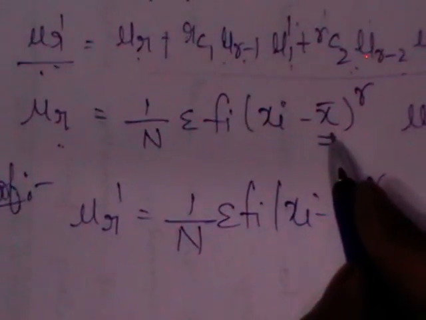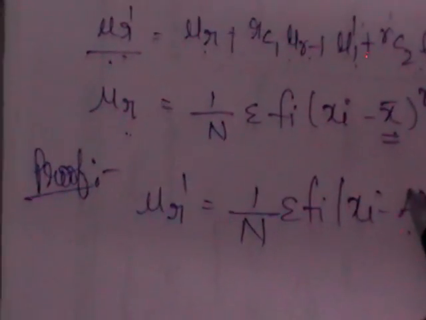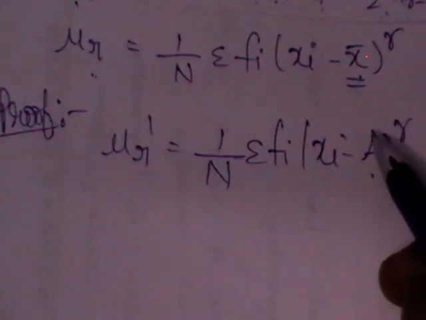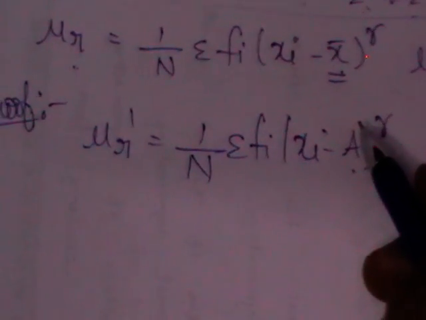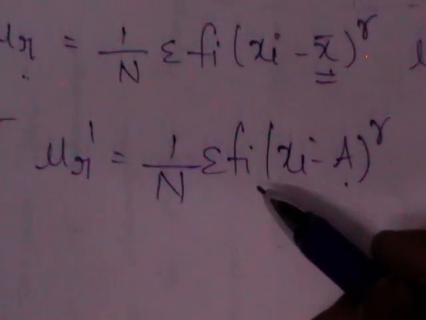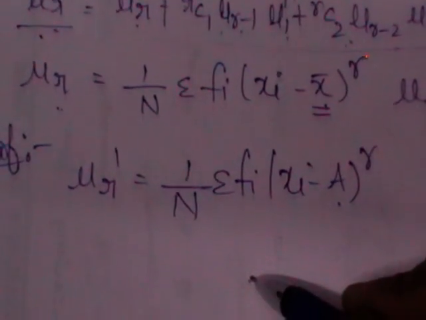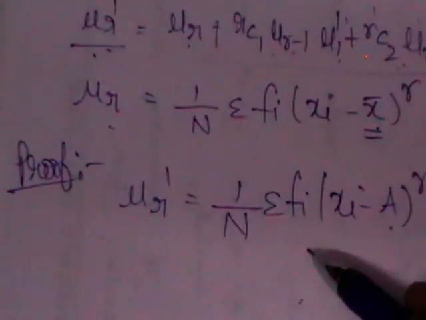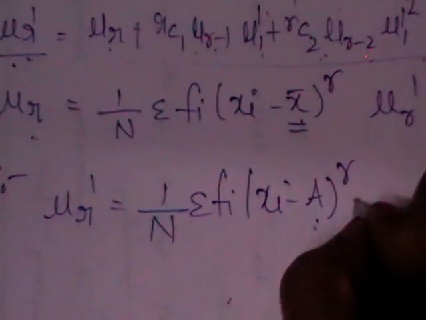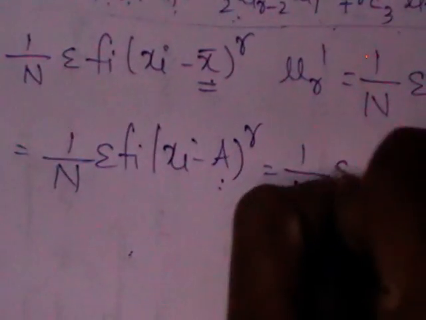In the previous one we started with the central moment, which consists of xi minus x bar, so we added and subtracted a there. Here the statement itself is non-central in terms of central. We are starting with the non-central moment, which is nothing but 1 by n sigma fi into xi minus a whole power r. As you have a here, you are going to add and subtract x bar here.